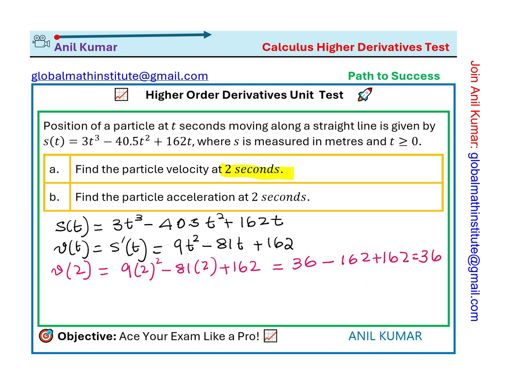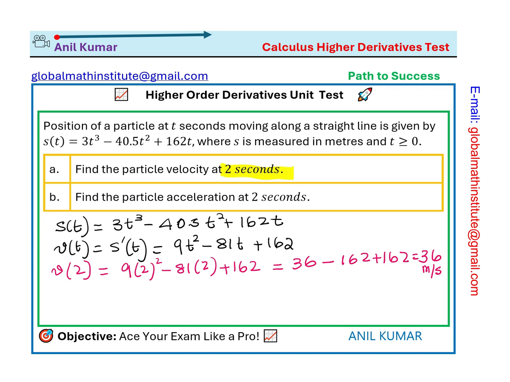Now, units are very important since they're asking you for velocity. The units are meters per second, so include the units, meters per second. Makes sense. That was easy. You see, the numbers are given in such a way that you really don't need a calculator. Concepts are important.